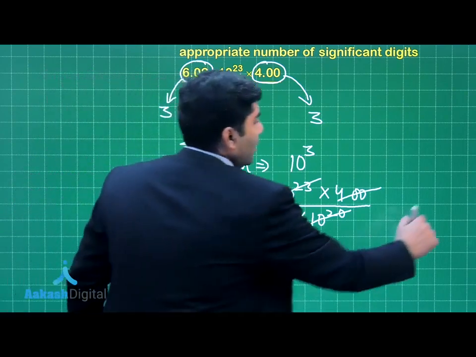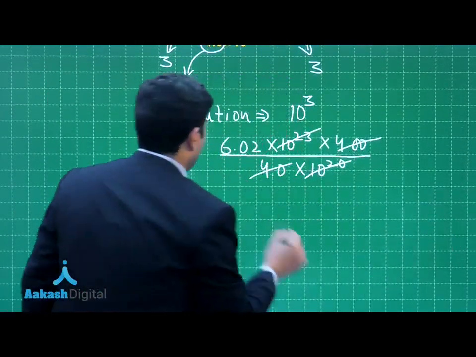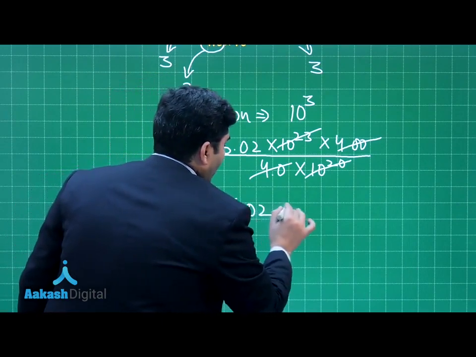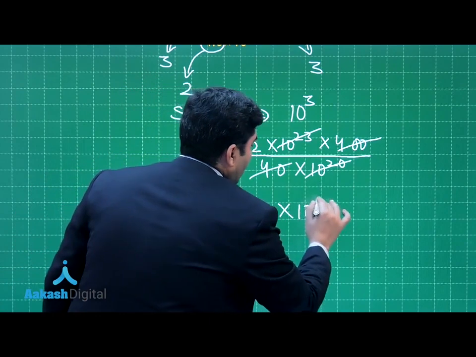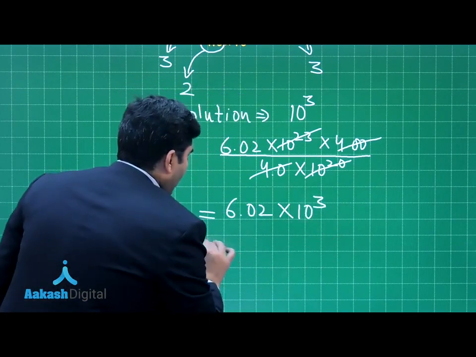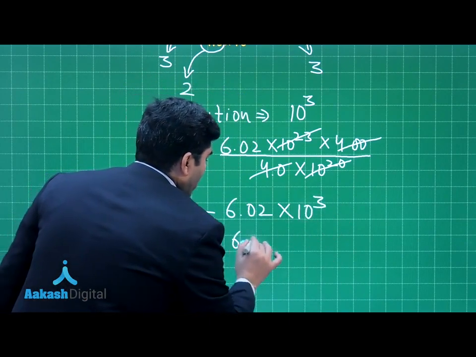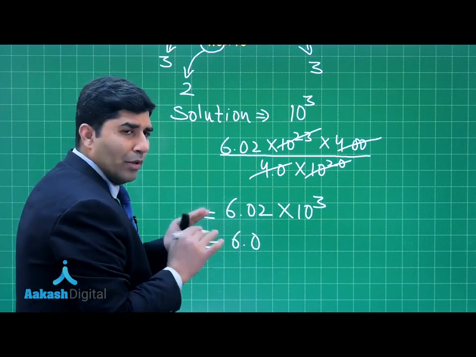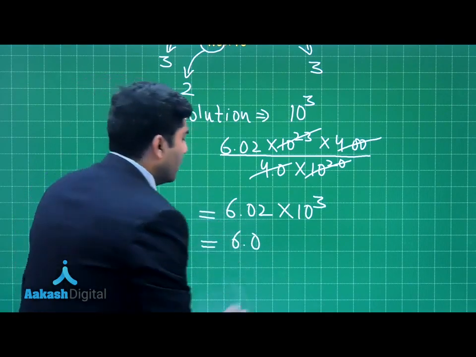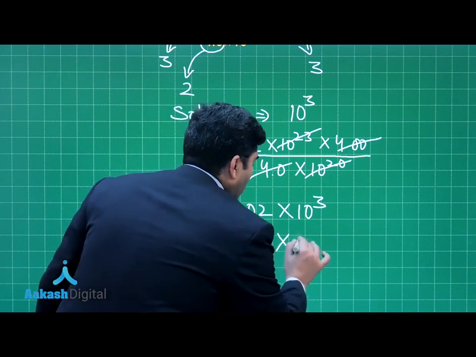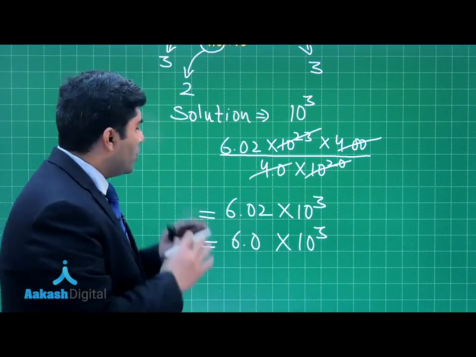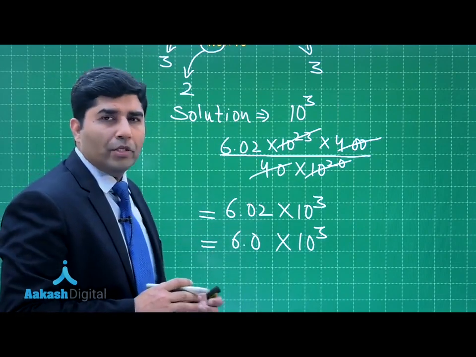What we are getting is 6.02 into 10 to the power 3, and we will write 6.0 after rounding off 6.02. We get 6.0 because 2 is less than 5, multiplied by 10 to the power 3, right? So this is the final answer. Let's move on to the next question.